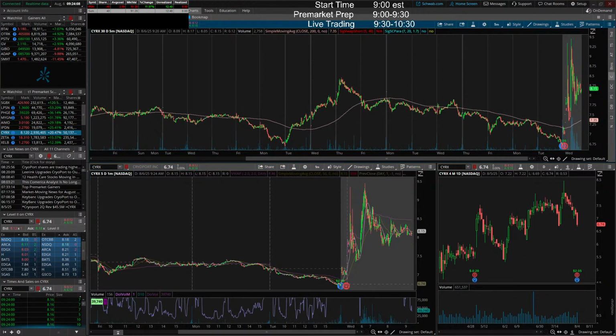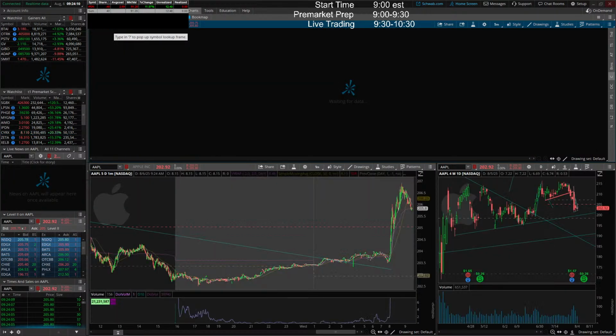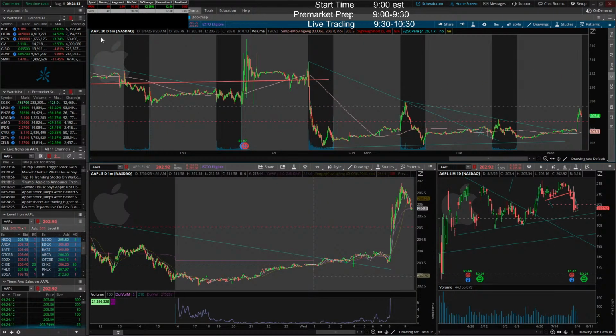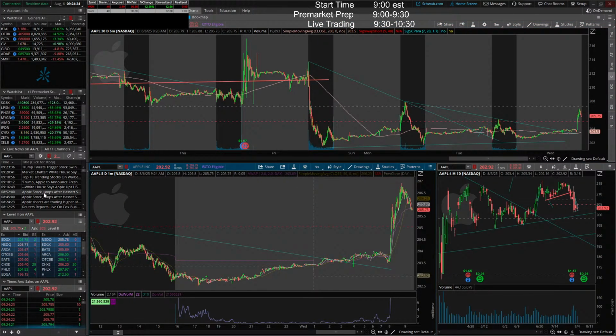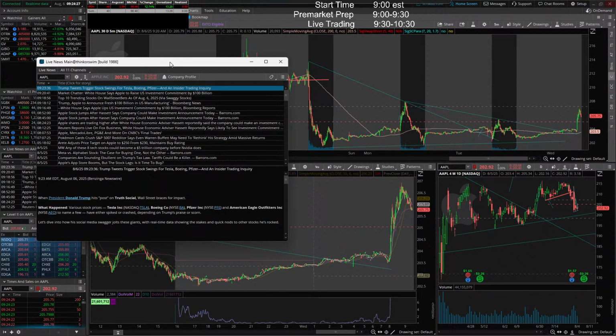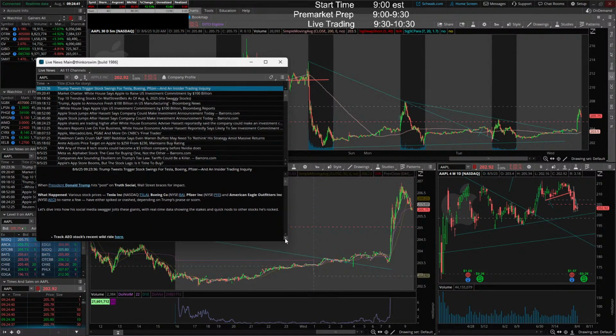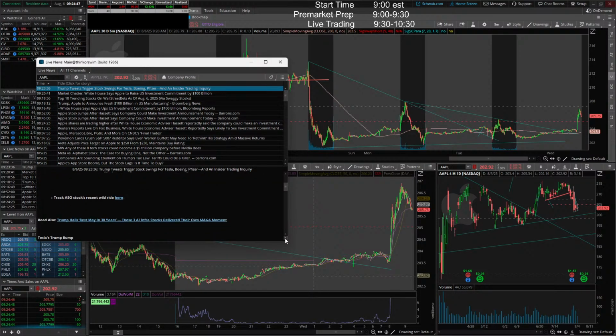Let's take a look at Apple. So Apple has a huge move in pre-market. Pretty impressive. What happened? Trump's tweets trigger stock swings for Tesla, Boeing, Pfizer. But what specifically did he say?